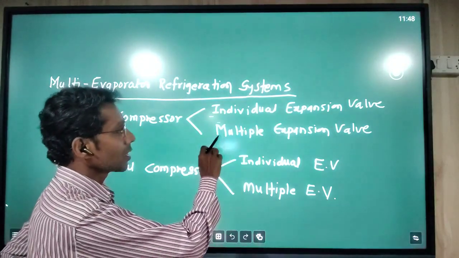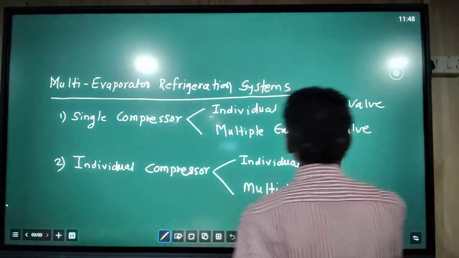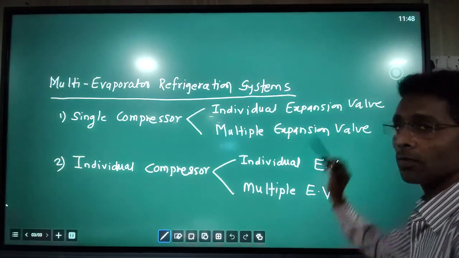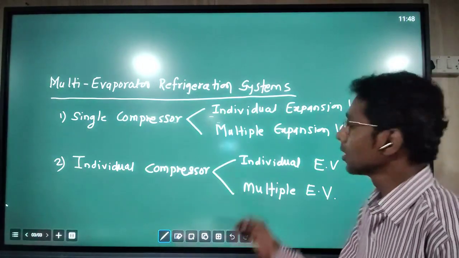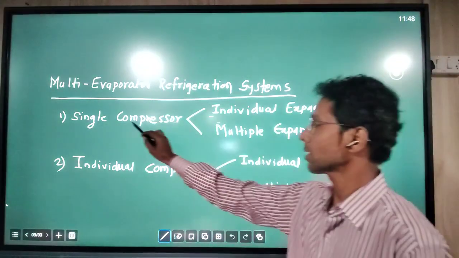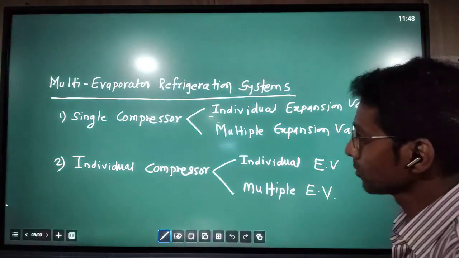If we use multiple expansion valves, meaning there will not be a dedicated expansion valve for each evaporator, in that case there will be a multiple expansion valve arrangement. So that case will be single compressor with multiple expansion valves.